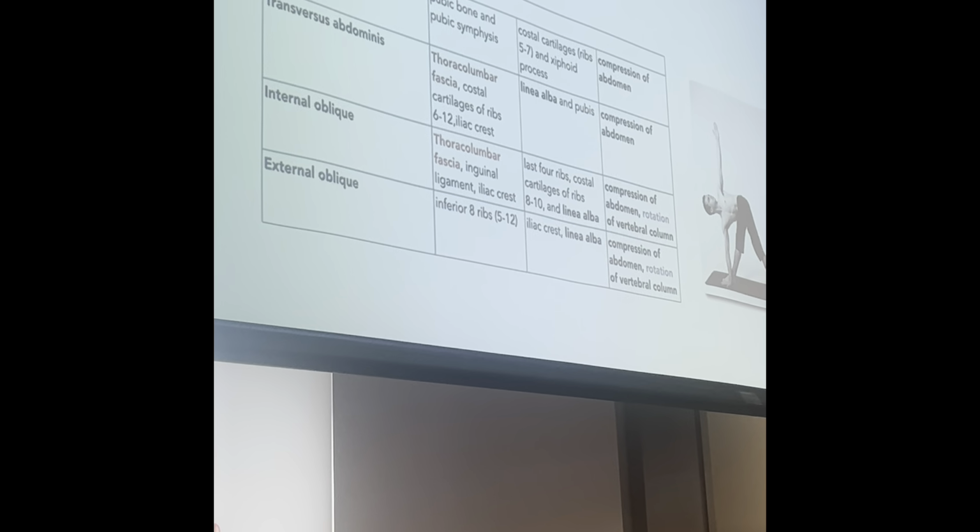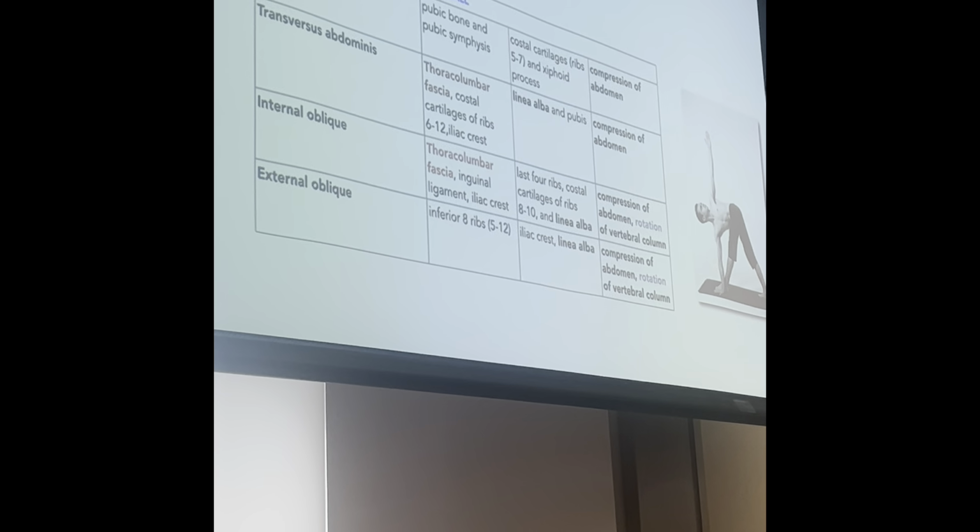The rectus and the external are different. And three of these actually insert into the linea alba as well. But the key things to remember are that the obliques are really the only ones involved in rotation, okay? And the internal oblique and transverse are the only ones originating from the thoracolumbar fascia.